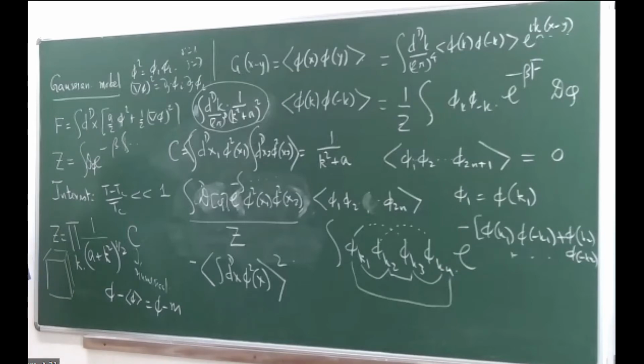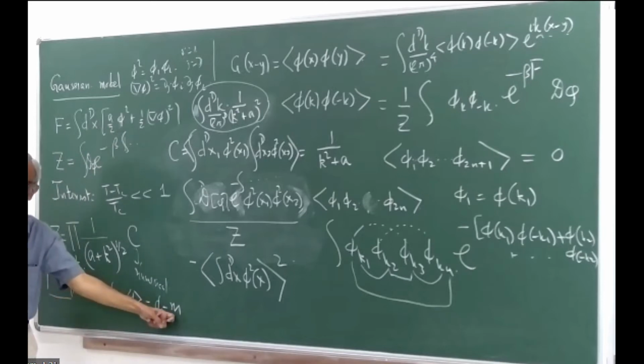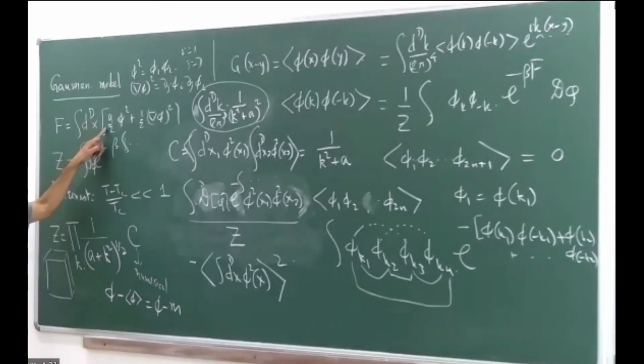And if you have to go below TC, you better watch out, because below TC, this becomes a minus and therefore is a potential problem. And the way you get rid of it is by subtracting the expectation value, because the whole business of this becoming minus is actually giving you a transition and an expectation value.